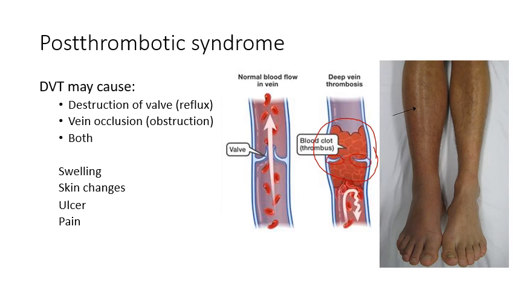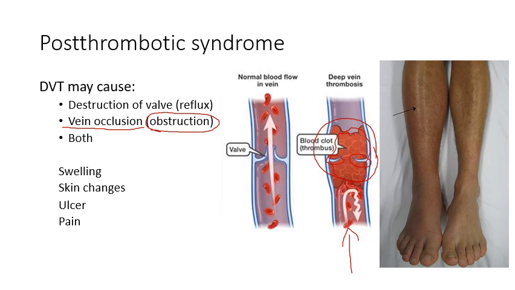Secondly, once the clot is removed by the body, there might be scar tissue left, and worst case, that can lead to the vein being occluded, which in physiological terms means that you'll have an obstruction. So the blood will try to move towards the heart, but the deep vein might be completely occluded.